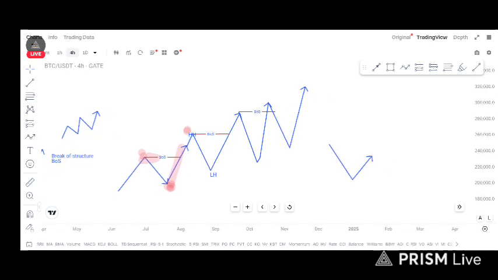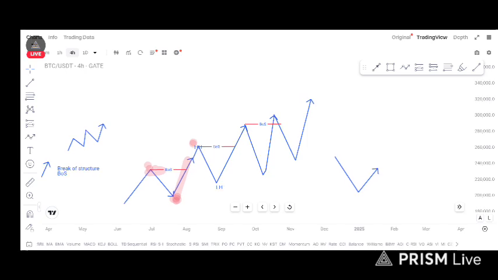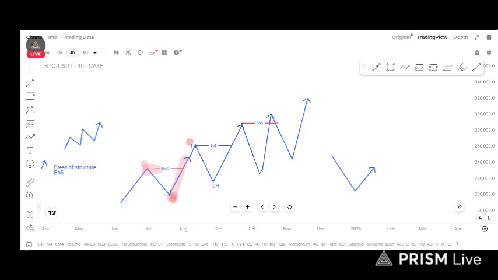Remember, in an uptrend, just take this down. In an uptrend, what we are expecting market to be breaking is the highs, for market to be breaking the higher highs. In an uptrend, we want market to be breaking what? Higher highs.